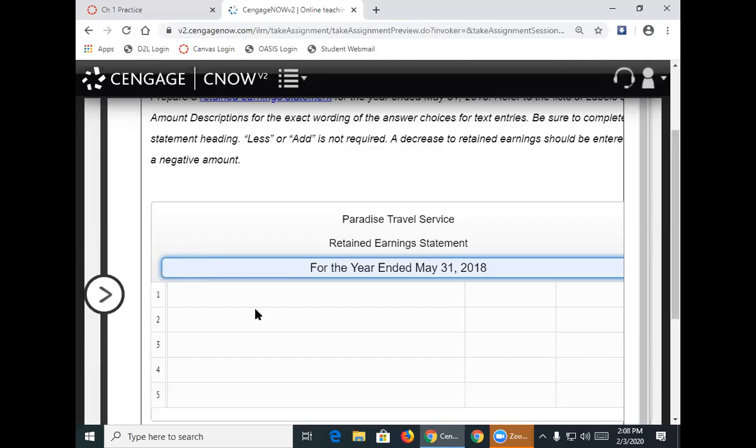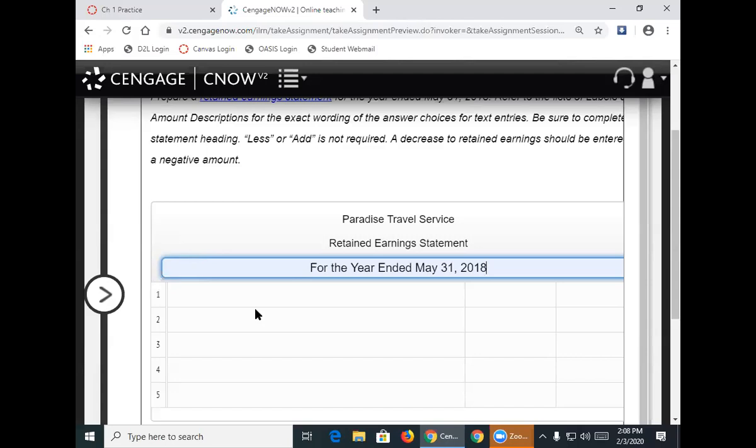So that's what retained earnings is, just as a kind of a review. Retained earnings, in a very simplified formula, is net income minus dividends. And then net income is revenues minus expenses.